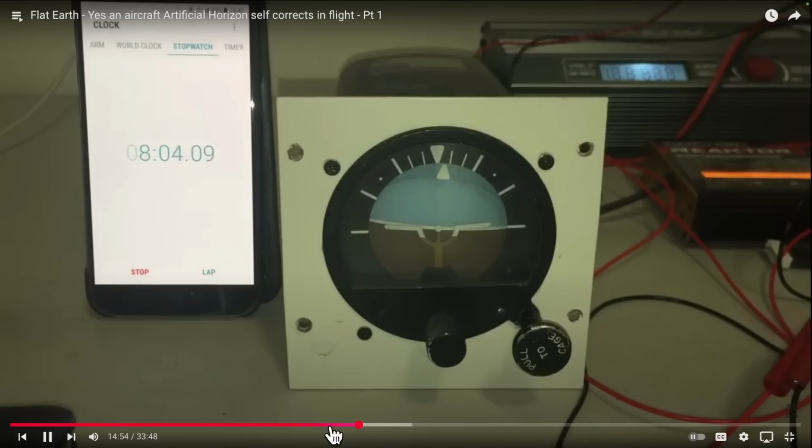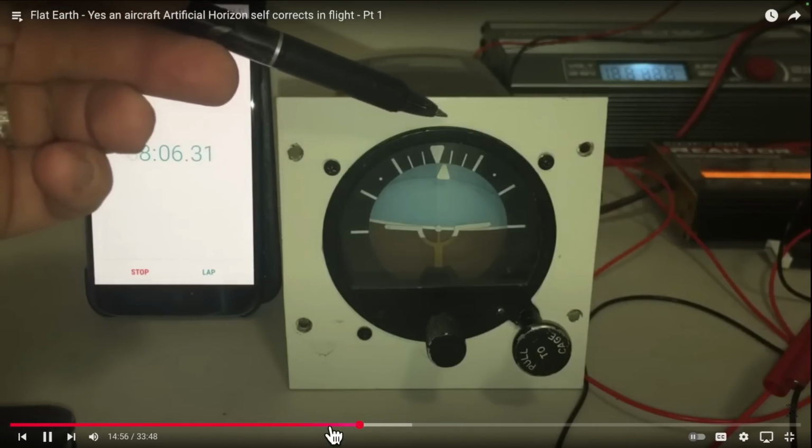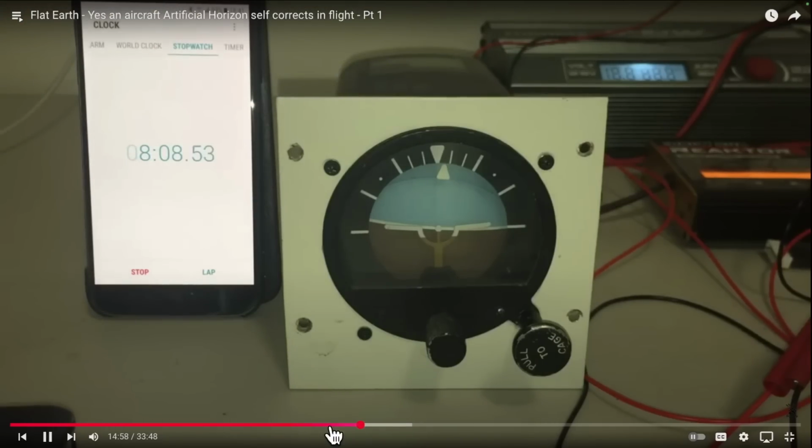The artificial horizon is now showing about 5 degrees angle of bank, which means in 8 minutes it has corrected more than 15 degrees of error. Now that is far more capable than what is needed just to correct 1 degree every 8 minutes.